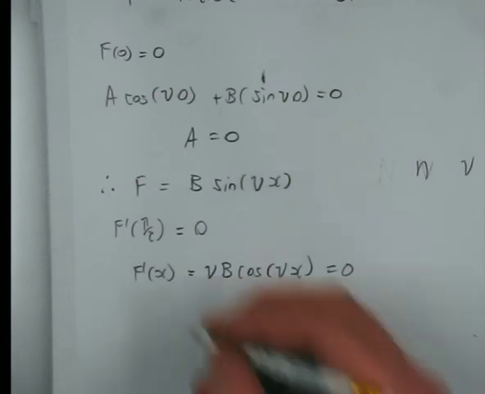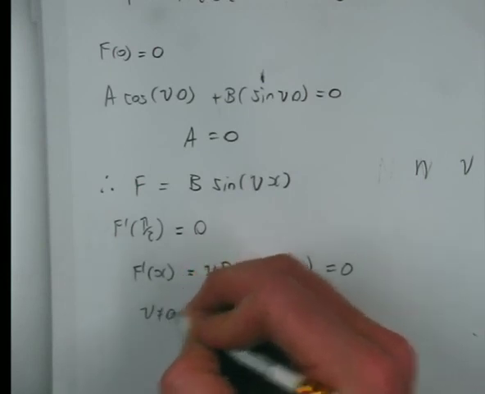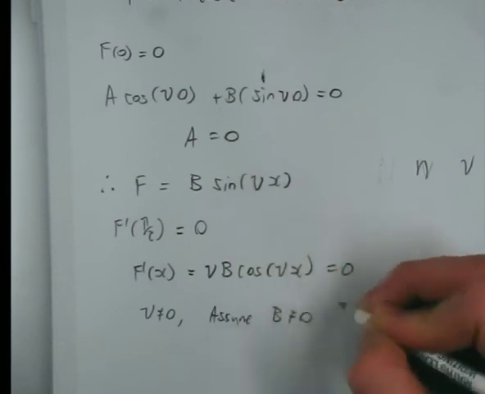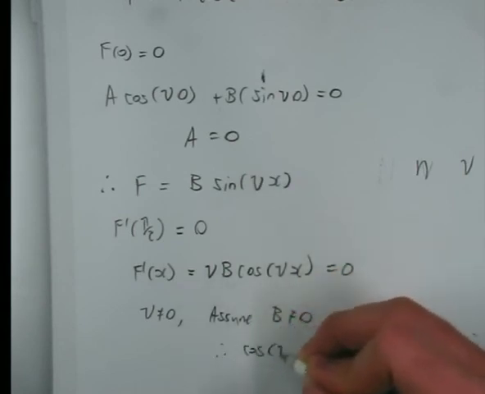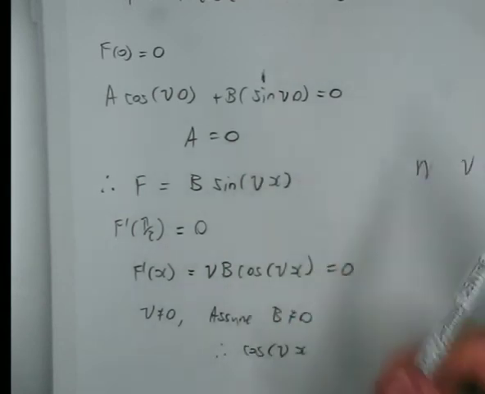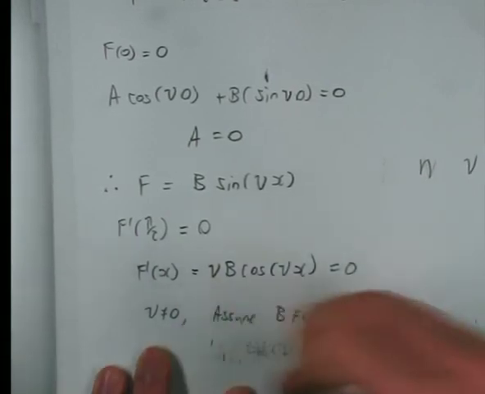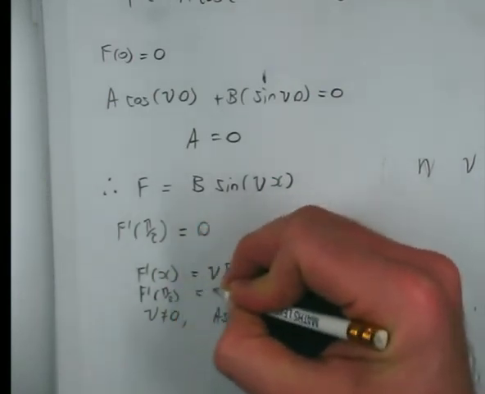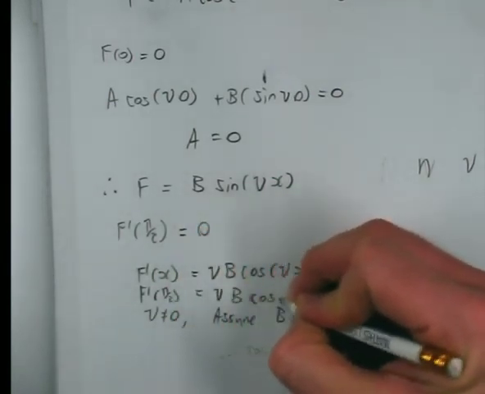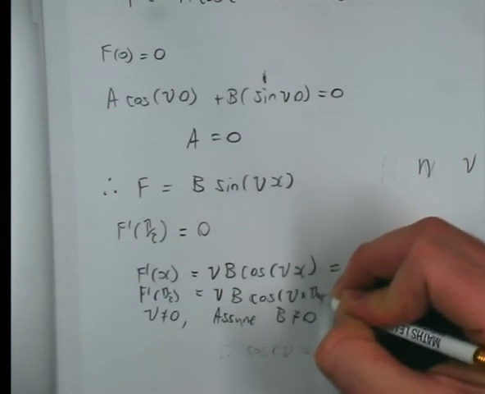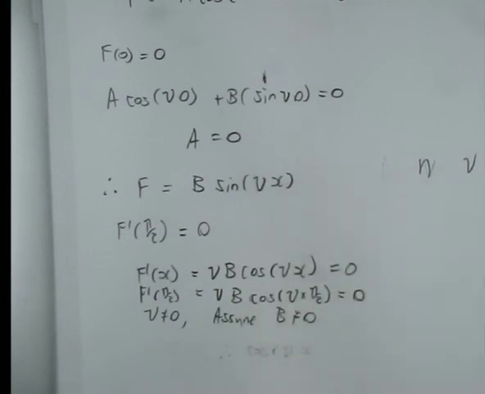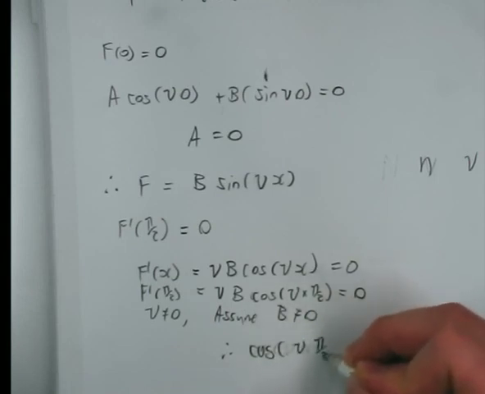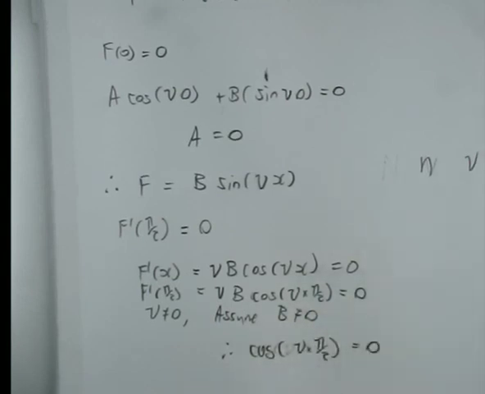So we know that nu isn't 0, and we're going to assume that b isn't 0. F dash of pi on 2 is nu b cos of nu times pi on 2 equals 0. So that means that cos of nu times pi on 2 is in fact 0.